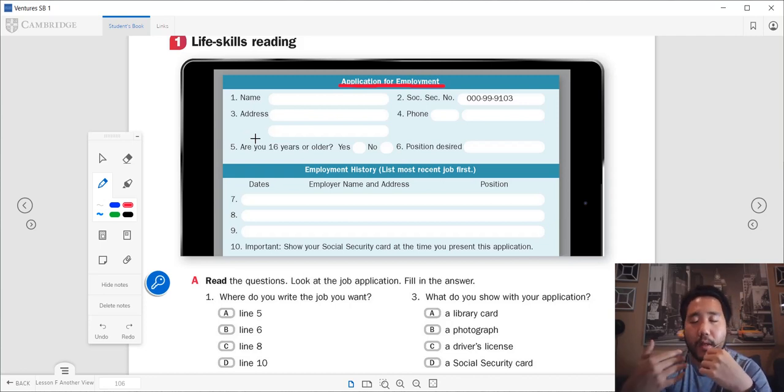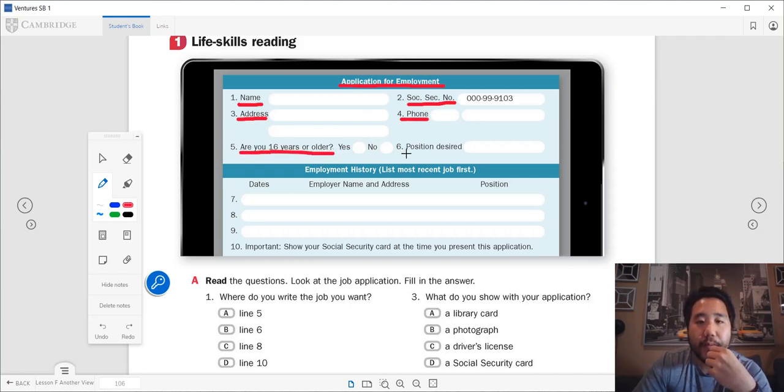As you can see here, we have a name, social security number, which I'll get back to later, address, phone number. Here's a question whether you're old enough to work, and this is the important part, position desired.